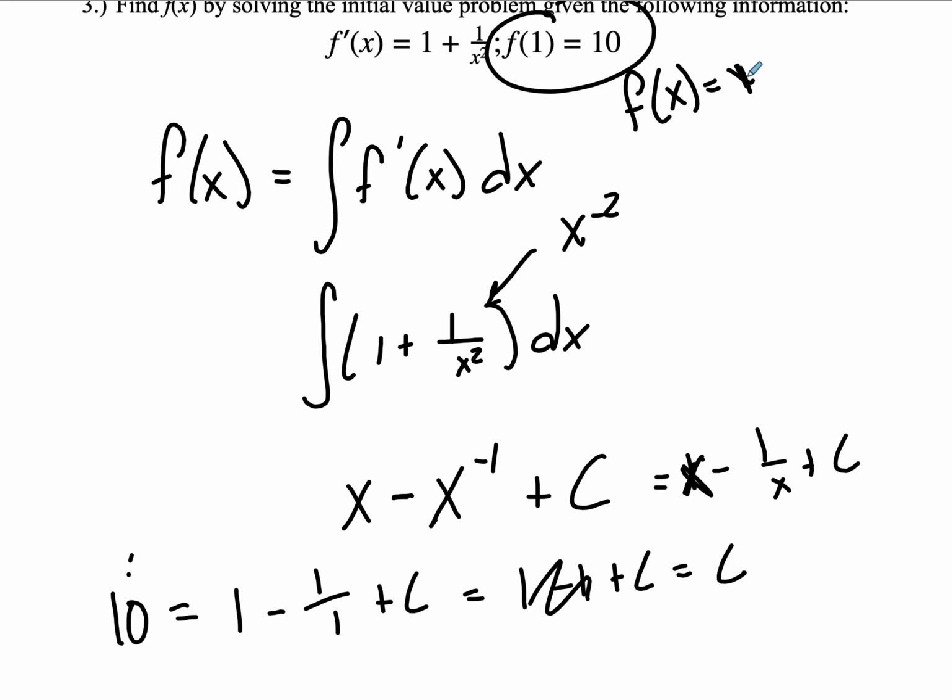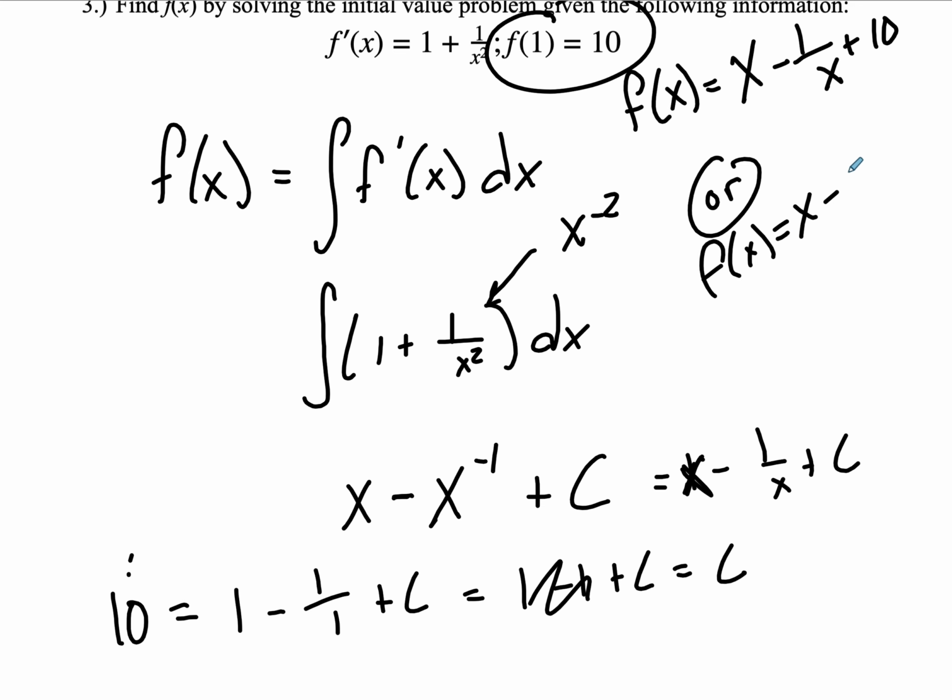It's only 1 when you plug it in. My mistake. So the final function is f of x equals x minus 1 over x plus 10, or f of x equals x minus x to the negative 1 plus 10. Those are mathematically equivalent, so I will take either one.